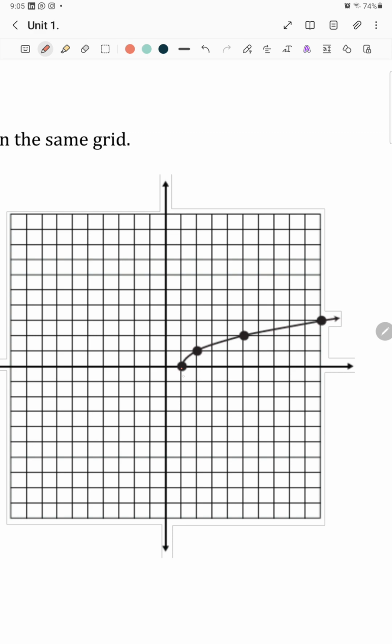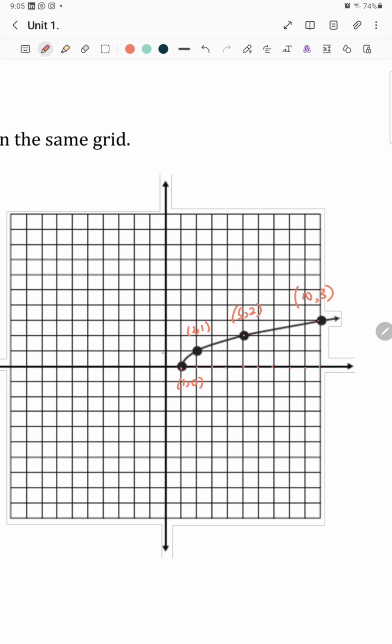It would be 0 on the x-axis and 1 on the y-axis. (2, 1), (5, 2), (10, 3).